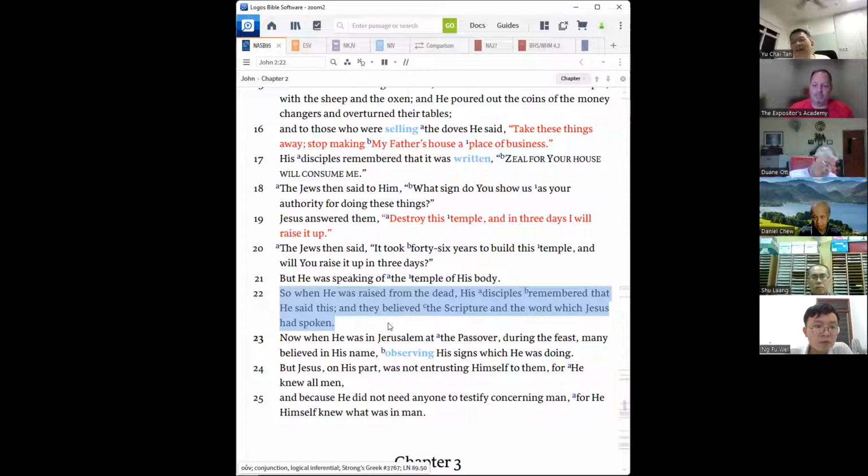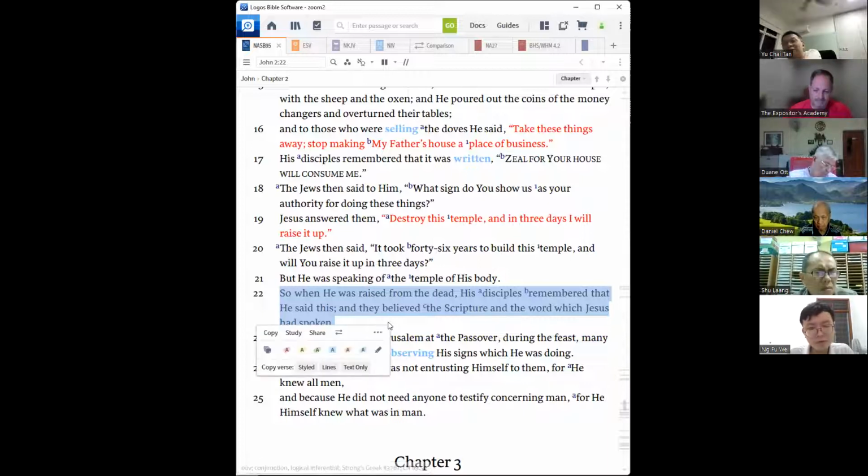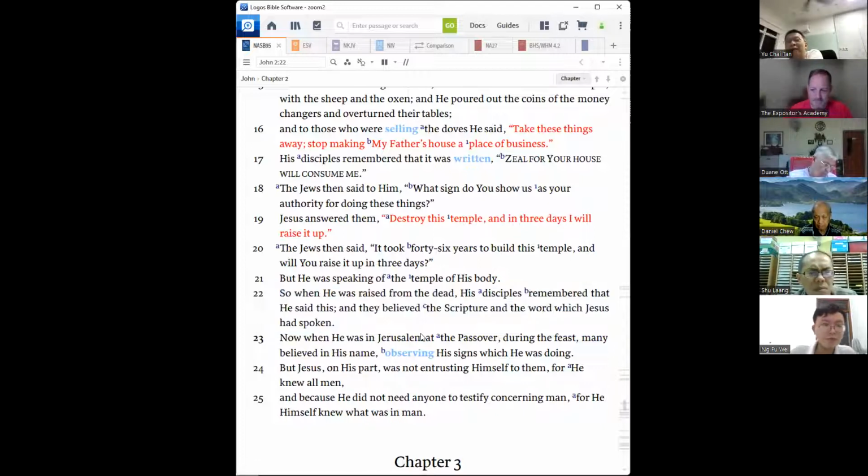Now, I was thinking, Pastor Tim, this verse 22 is a bit like the Back to the Future kind of comment: John took us to post-resurrection, when the narrative is before the resurrection. Yes, exactly. He's obviously writing this story much later, 60 years later.